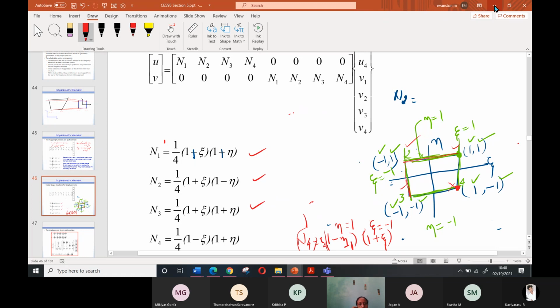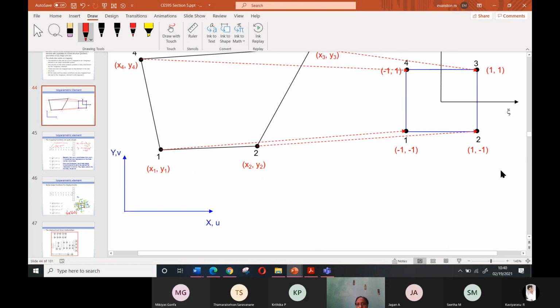The value of this is not correct. This is marked in some other way. If you want, you can write there. They have marked as 1, 2, 3, 4.